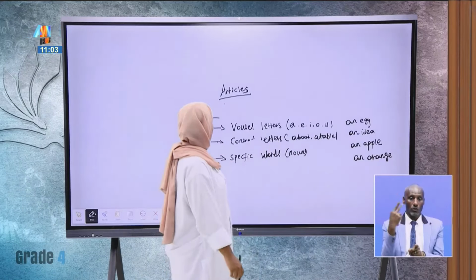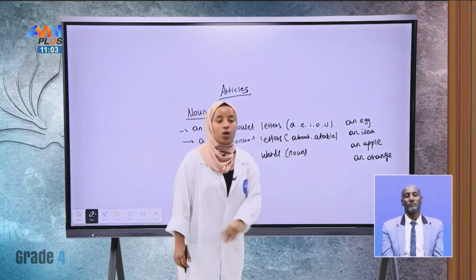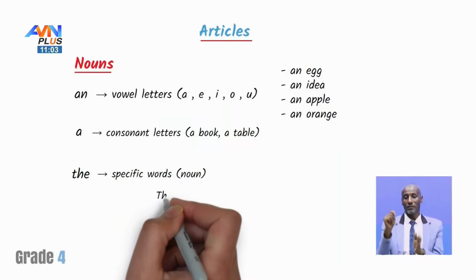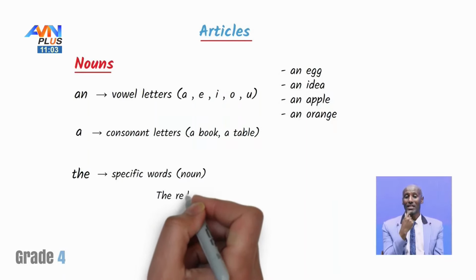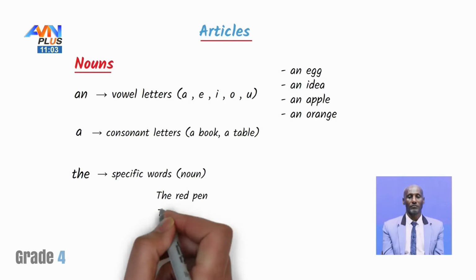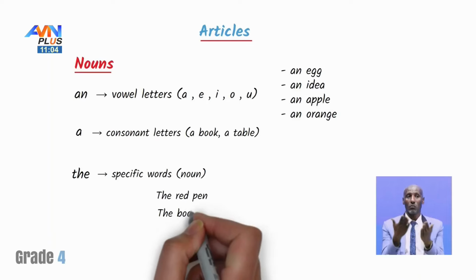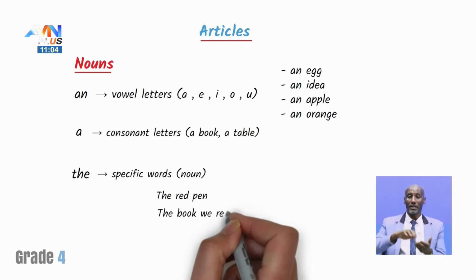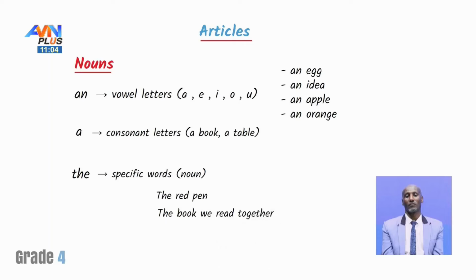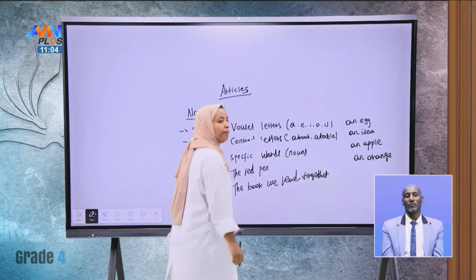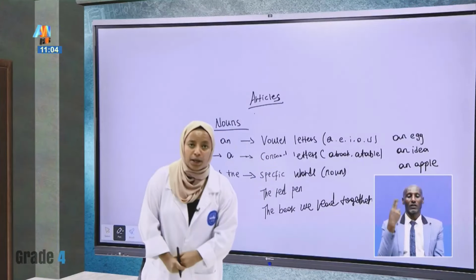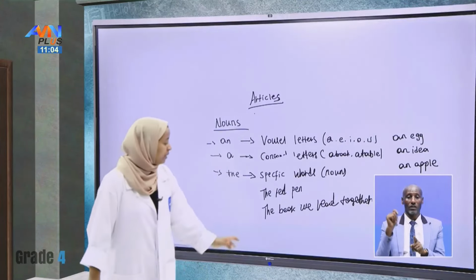For example, the red pen, the book we read together, the museum that we know already. We can use the to make a noun specific.